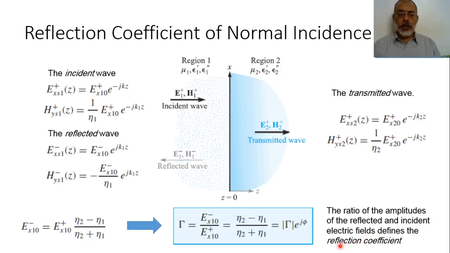In a similar way, we can obtain the value of the transmitted electric field, Ex2 plus, over the value of the incident field. And if we remember, from the boundary condition of the tangential electric field, we found that Ex1 plus plus Ex1 minus in region 1 equals Ex2 plus in region 2.